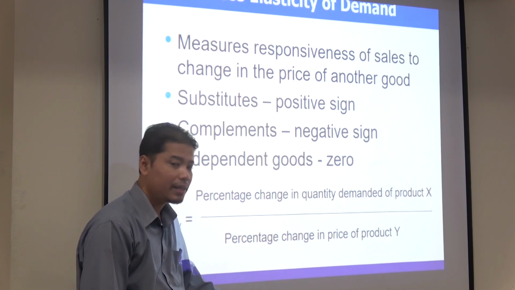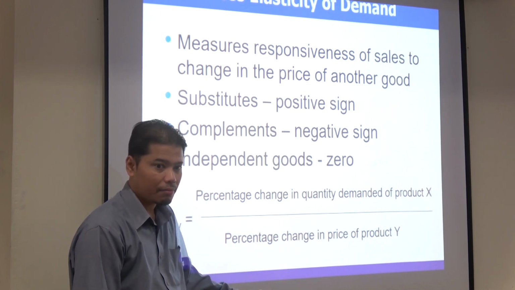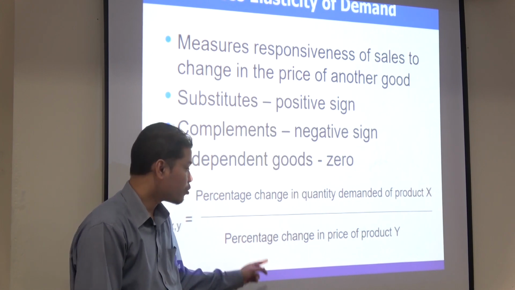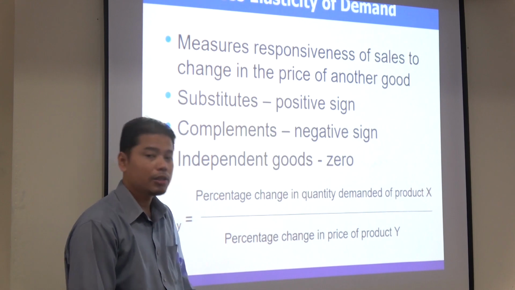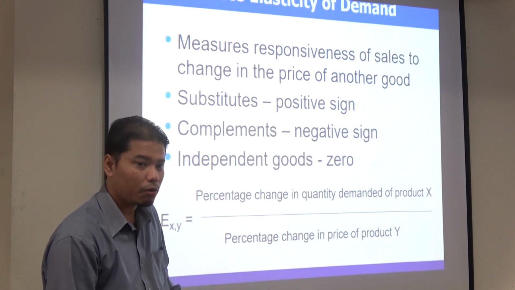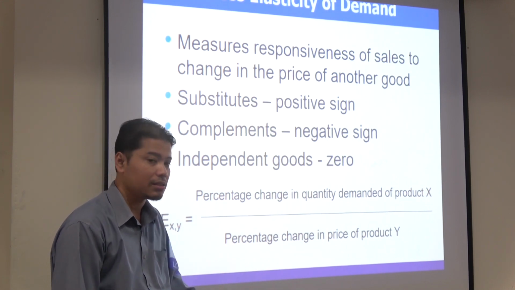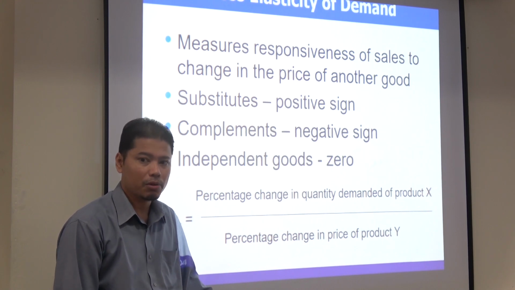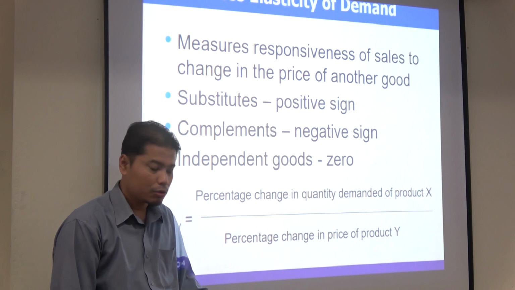When the price of Y increases, positive sign. When the price of Y decreases, negative sign. So negative divided by negative, you will still have a positive coefficient for the cross price elasticity of demand when the two products are substitutes.